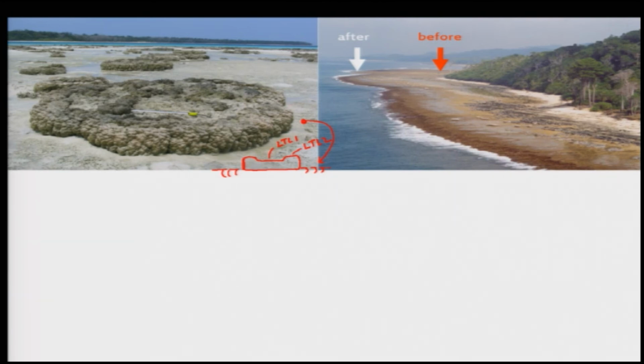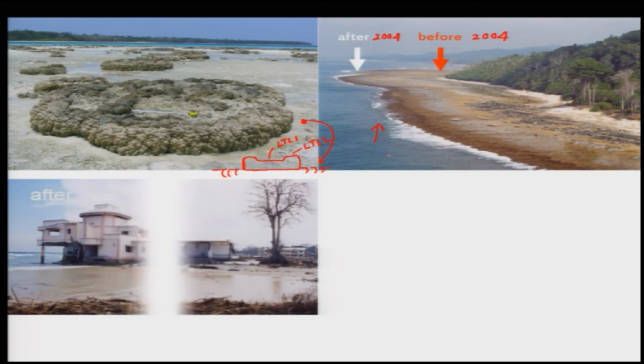This is again the photograph taken after the 2004 Sumatra Andaman earthquake along the west coast, which indicates that the water used to come up to this location, where we see the formation of a beach, before 2004, and this is after 2004. So, the area got uplifted, there was no change in the sea level.